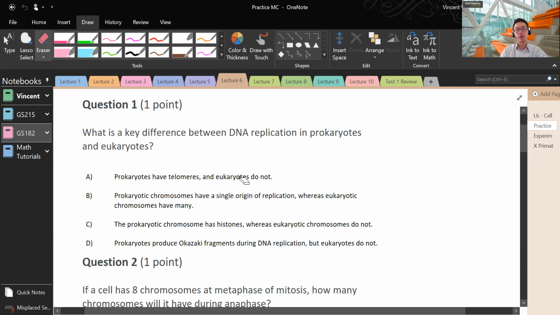We know that telomeres protect the ends of DNA as they erode. But how come prokaryotes do not need that? Okay, 11 of you did not choose this answer. So does anybody want to explain why prokaryotes don't need telomeres?